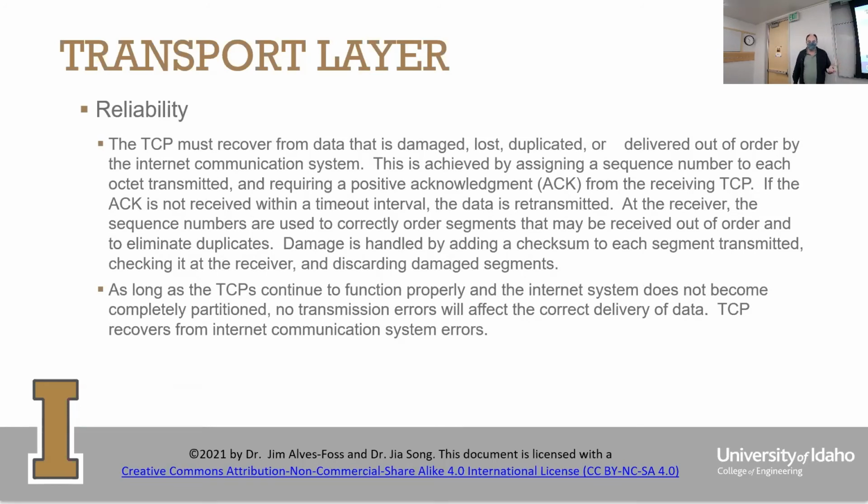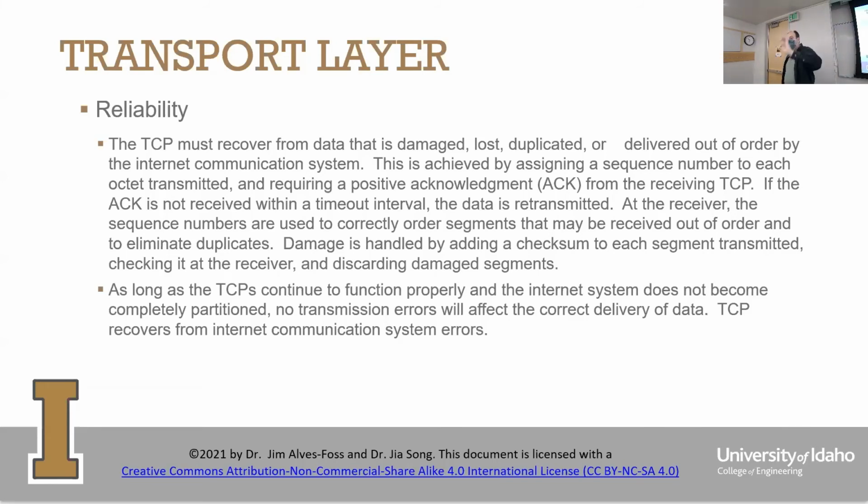It has to have reliability. It must recover from data that is damaged, lost, duplicated, or delivered out of order by the lower level network. So what they do is they assign a sequence number to every byte transmitted. Again, I said it's a continuous stream of bytes, so we number them. Here's byte 1, 2, 3, 4, 5, 6.